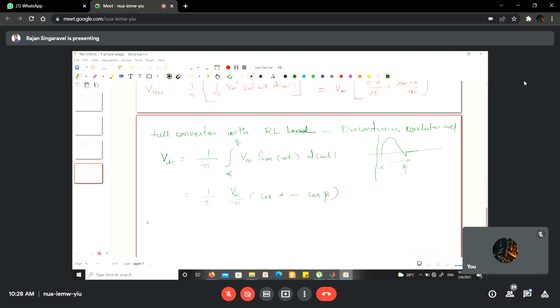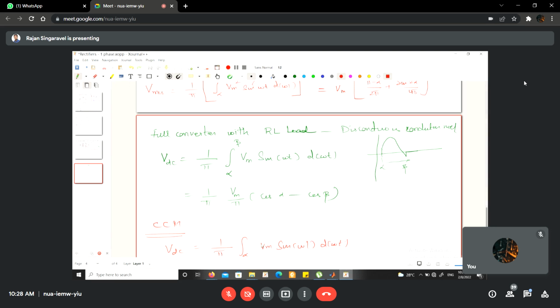Next, for continuous conduction mode, the equation is the same. VDC is equal to 1 by pi integral of Vm sine omega t d of omega t.